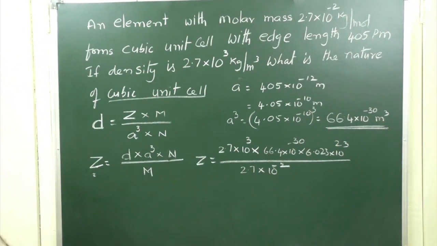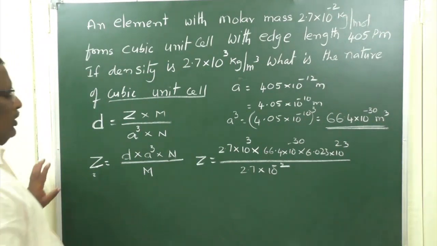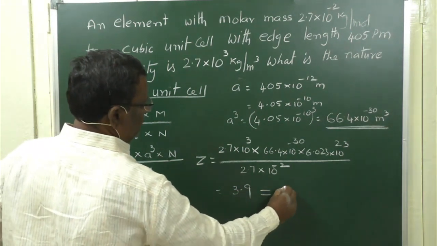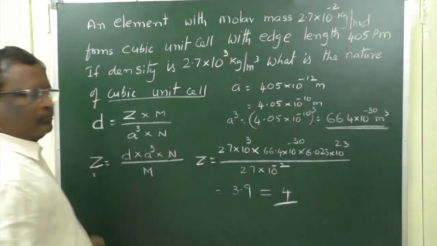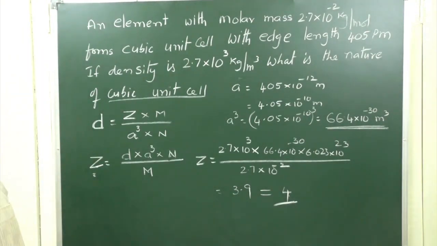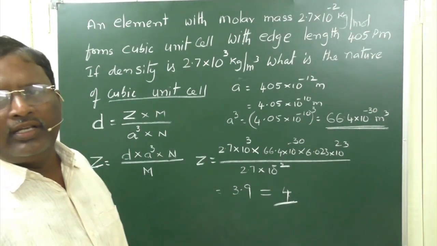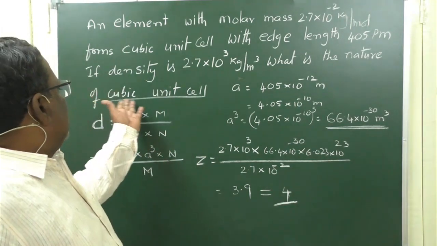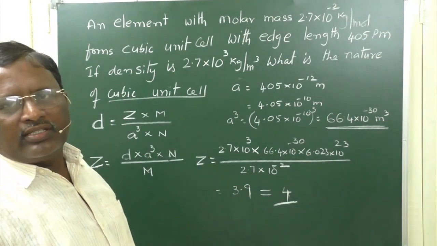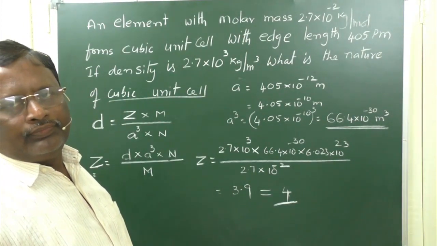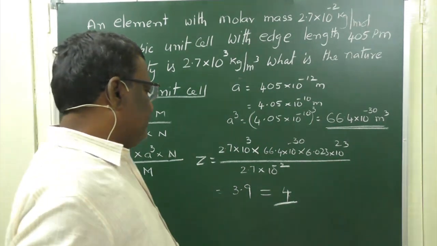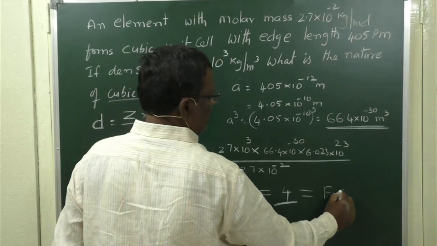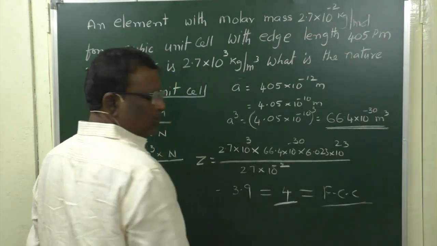On simplifying you will get approximately 3.9, which is equal to 4. So, 4 atoms are present in the unit cell. So, the answer is the nature of the unit cell is FCC, face centered cubic cell. Since 4 atoms are there, it is FCC, face centered cube.